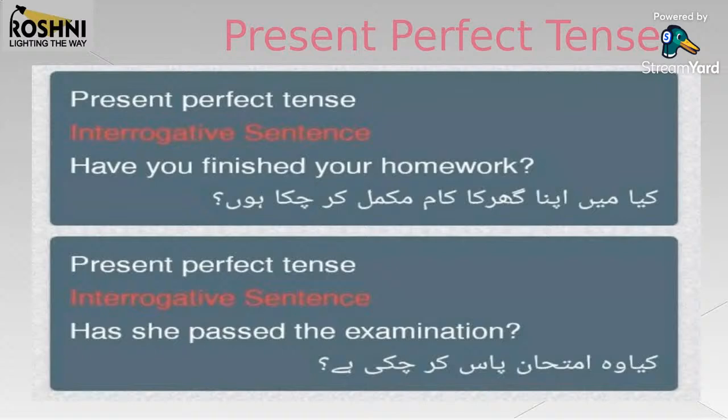I don't do my work or I don't complete my work. She doesn't go for a walk. Okay, am I clear? I have not finished my homework. I haven't taken breakfast. Very good. Well done.